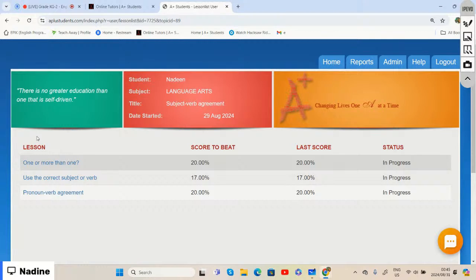And if our subject is plural, we need to add the plural verb where we don't add S or ES. So this is it, the end of our lesson.